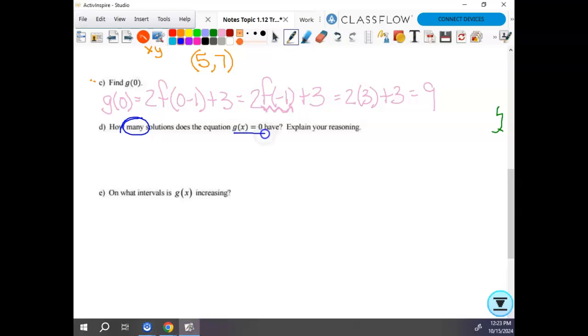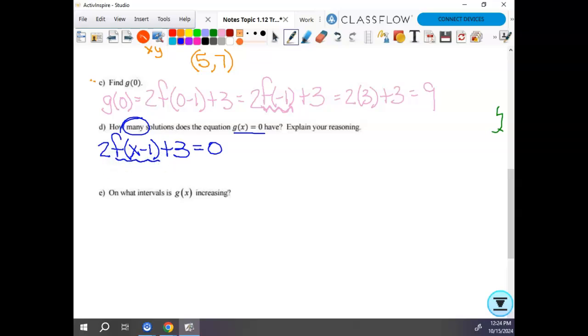So g of x equals 0. I have an equation for g of x. That was 2 times f of x minus 1 plus 3, right? That's g of x. And I'm just going to set that equal to 0. I am then going to treat this like an equation. I've been solving equations forever. Not going to make up any math because this just represents some y value.